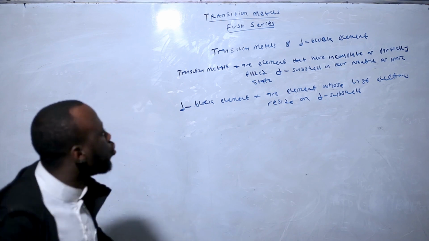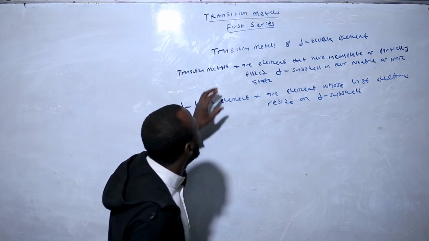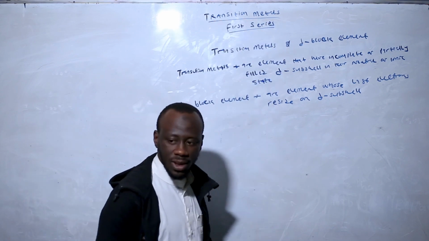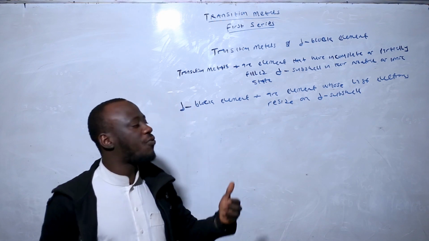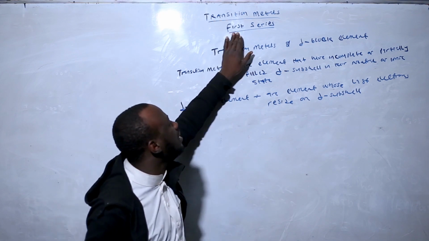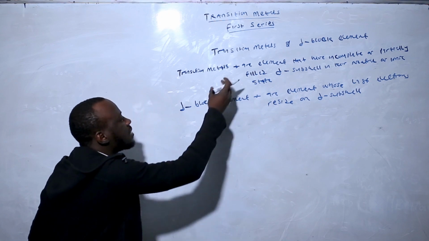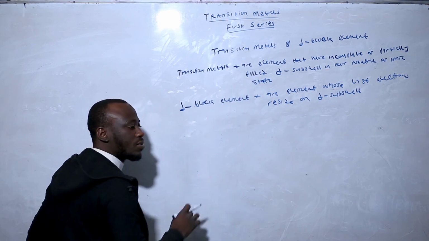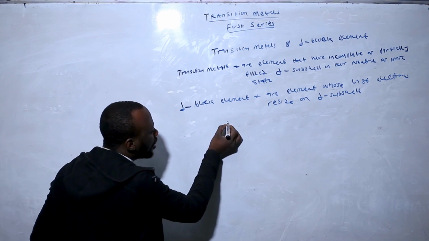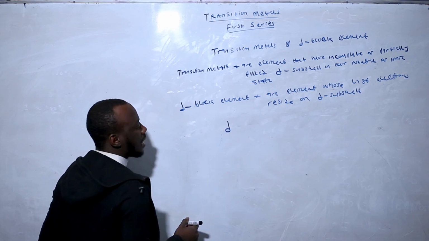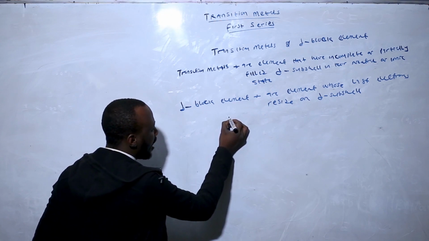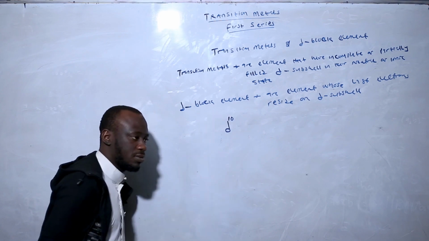So now in this case, we are going to talk about the first series, that is the 3d series. In these definitions, we know that d orbitals carry the maximum number of 10 electrons.